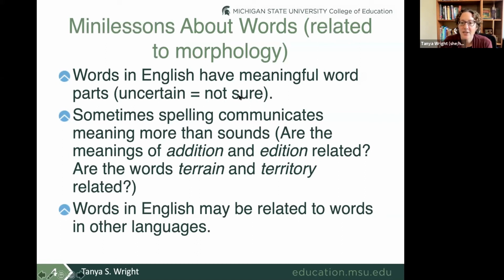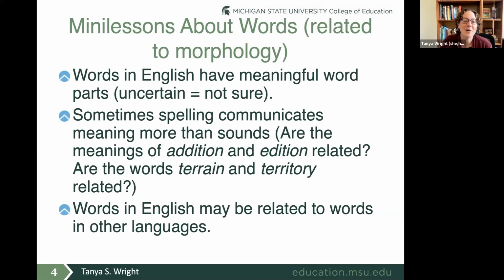Something else, and Nell mentioned this, right, is that sometimes spelling communicates meaning more than sounds. And that's because words are related to one another because of their roots, typically Latin, Greek roots. Most of our language is Latin or Greek root, or comes from German.